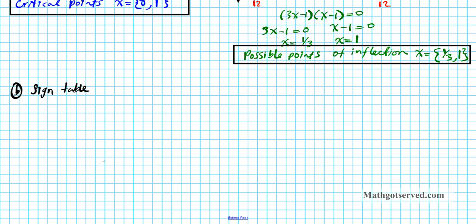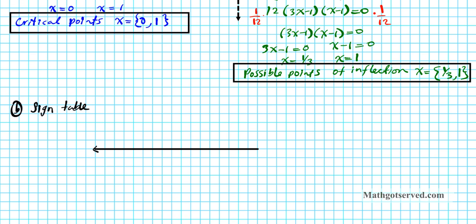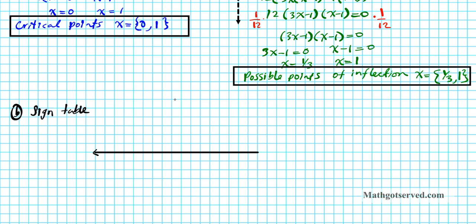Let me make sure I graph this correctly. Let's put the arrow. That's my first number line. How do I calibrate?